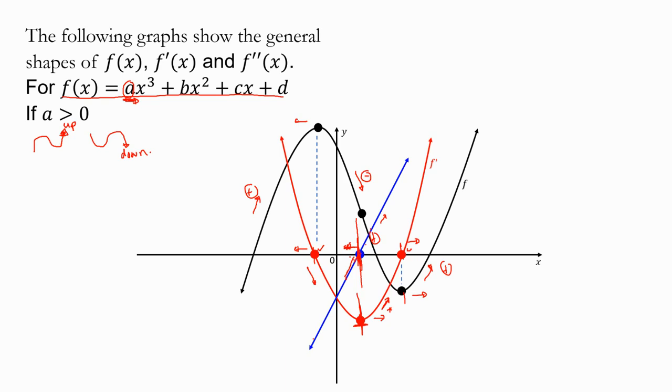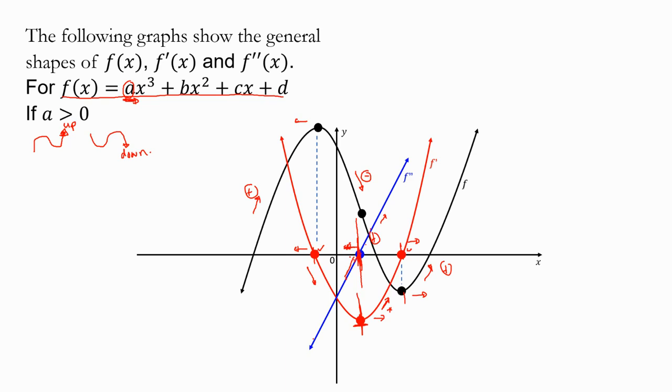Then the x-intercept of the second derivative graph, in this case our blue graph, is equal to the x-coordinate of the turning point of the first derivative graph and also the x-coordinate of the point of inflection of the original graph.